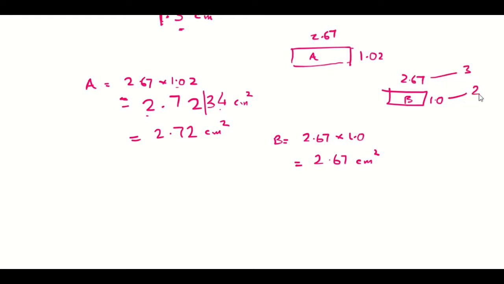This measurement is accurate to 2 figures. The result cannot be more accurate than the least accurate one. So this has to be rounded to 2.7 centimeters square. You cannot write it as 2.70, okay? That would be completely wrong because now you're making 3 figures. So it's 2.7 centimeters square.